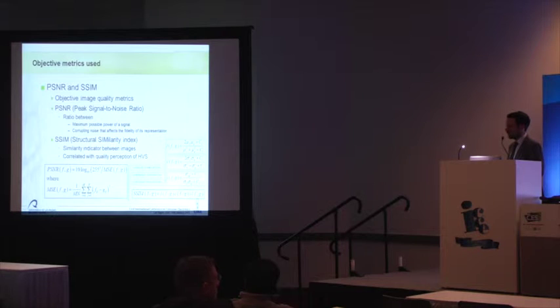So we have also used another, more novel objective quality metric, which is the structural similarity index. In this case, it is very correlated to the human vision system because it is based on parameters such as the loss of correlation, the luminance distortion, or the contrast distortion.